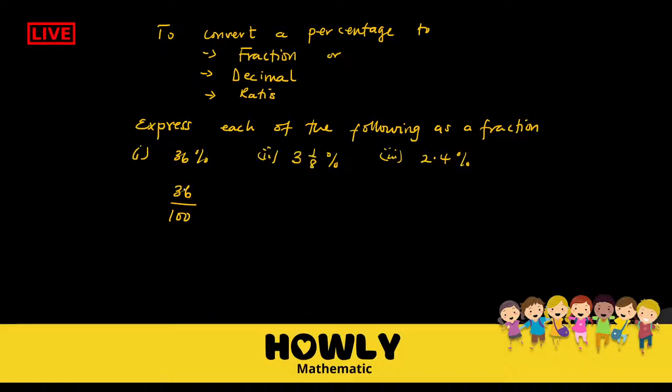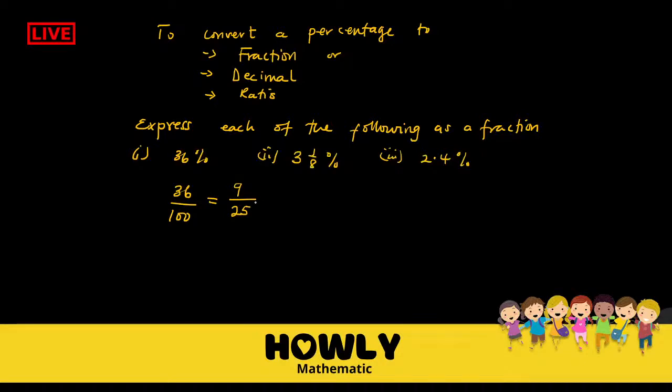We are going to look for a factor that will go into both. Now, 4 can go into 36 nine times. Which number goes into both numerator and denominator without a remainder? That number is 4. 4 times 9 will give us 36, and 4 times 25 will give us 100.